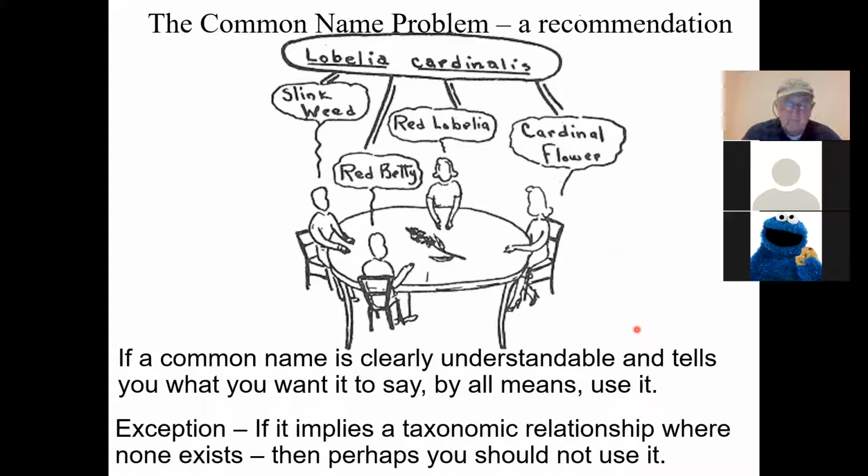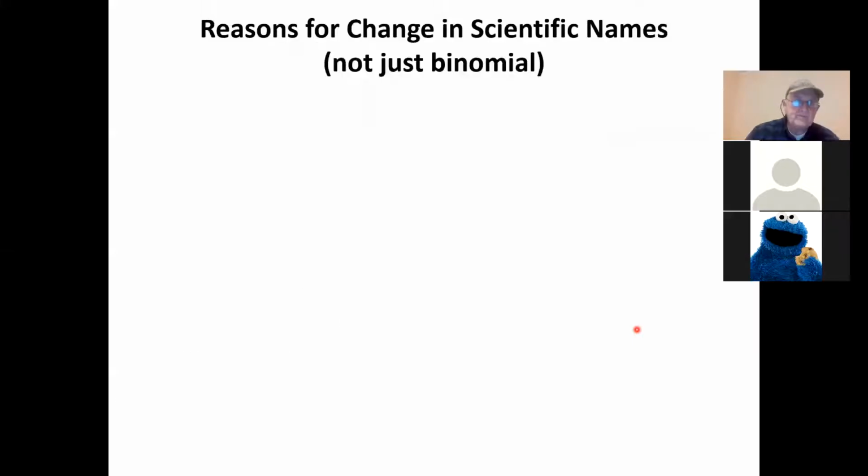That would be a problem, a time when you might want to avoid that common name and call it ironwood or musclewood. Musclewood's a good name. A blind person could identify the trunk just by the feel of it. It looks like sinewy muscles. And if you hit it with an axe, you'd know why it's called ironwood, because it's hard. Those would be good common names, but blue beech, not a good one.